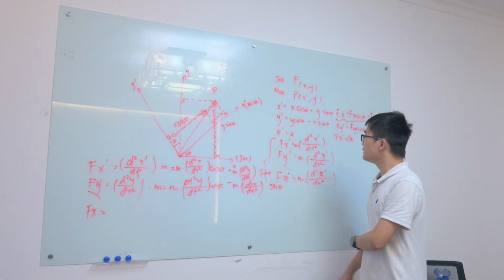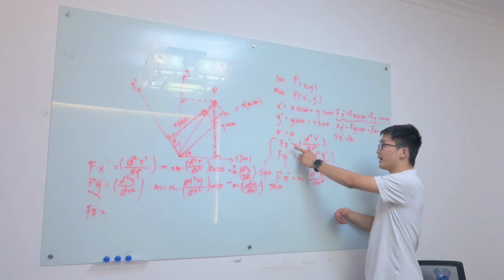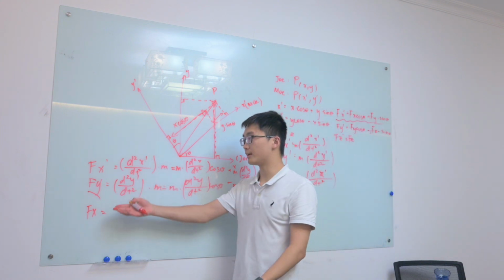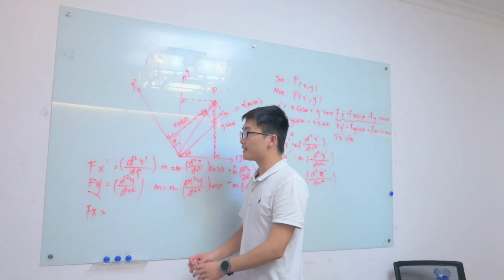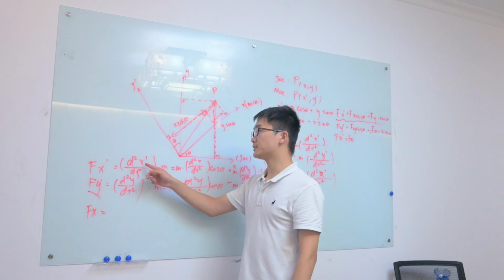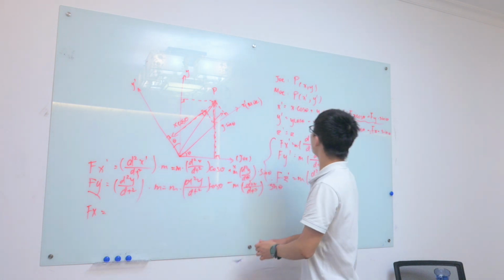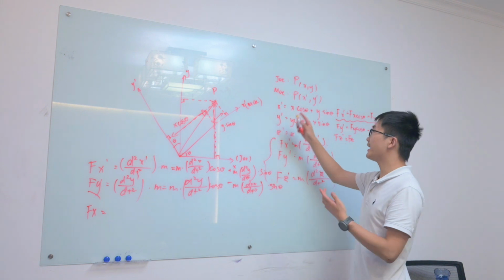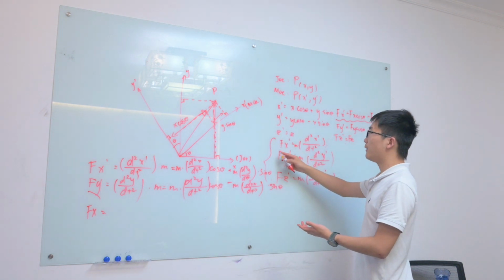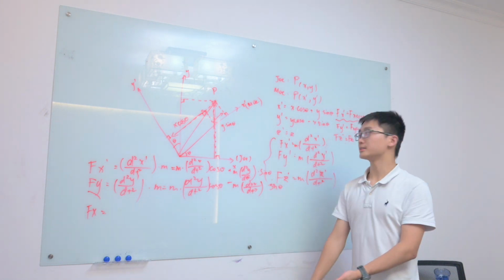It is true. So if we want to prove it from the right-hand side, we come over here. This is the second derivative of x prime over time, times the mass, and we know there is a relationship between x prime and the x and y in Joe's coordinate system.